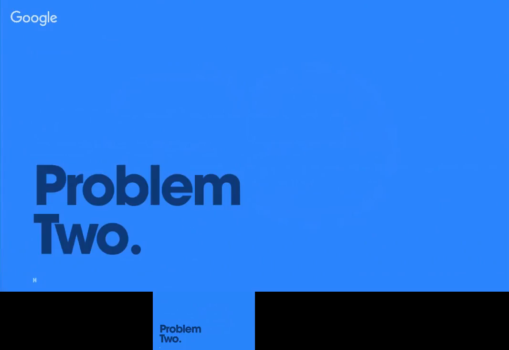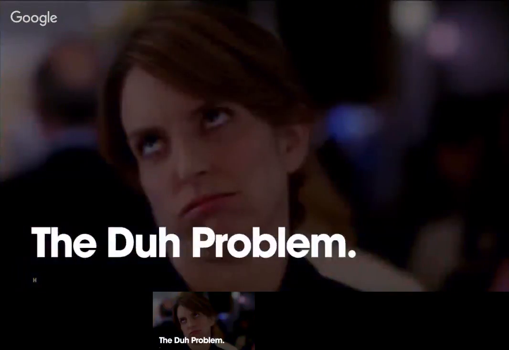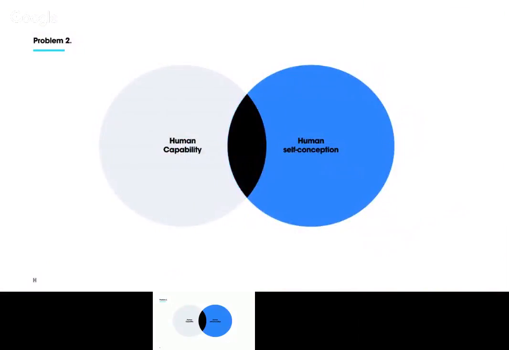So let's get into problem 2. I call this the duh problem. This is where human self-conception actually exceeds human capability. These are things where you think that you're better than you actually are at doing something, right?